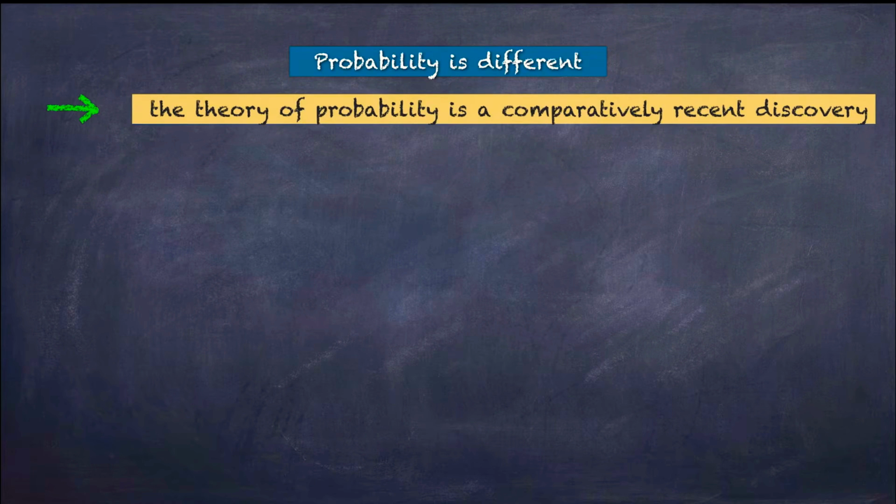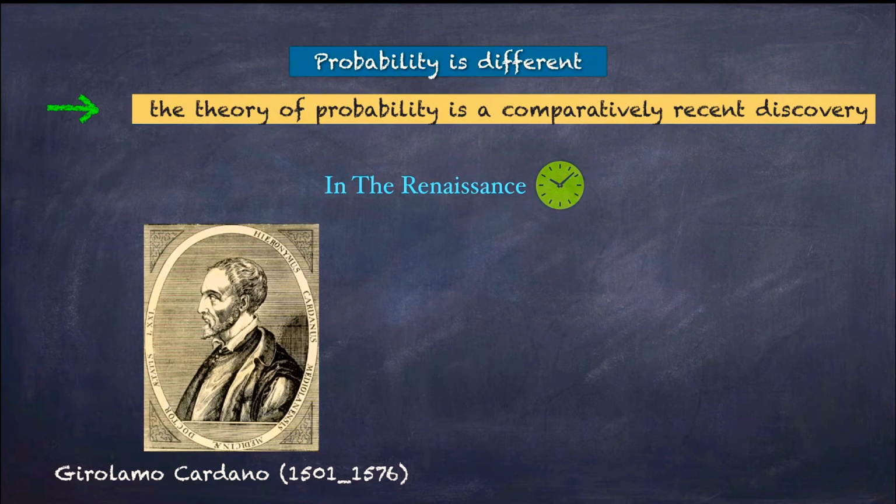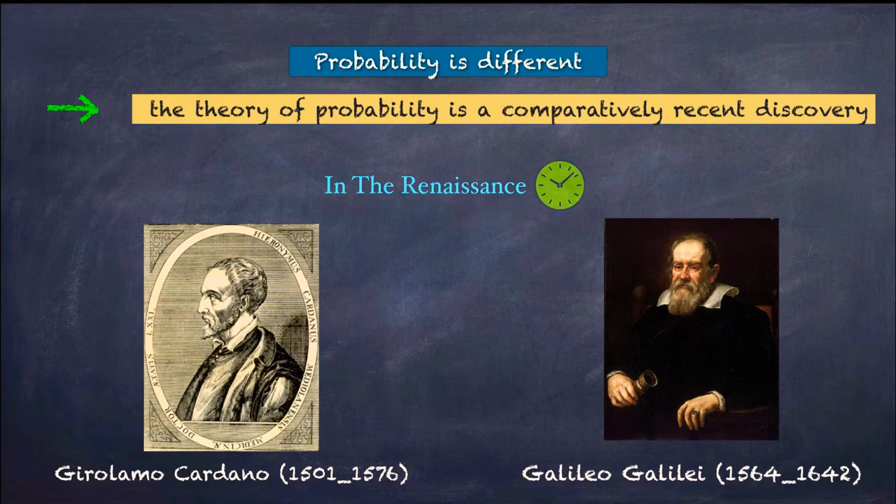The theory of probability has its origin in the Renaissance with the work of two great men, Cardano and Galileo. But their work had little impact on those who lived later. The investigation of probability begins in earnest with two French mathematicians.